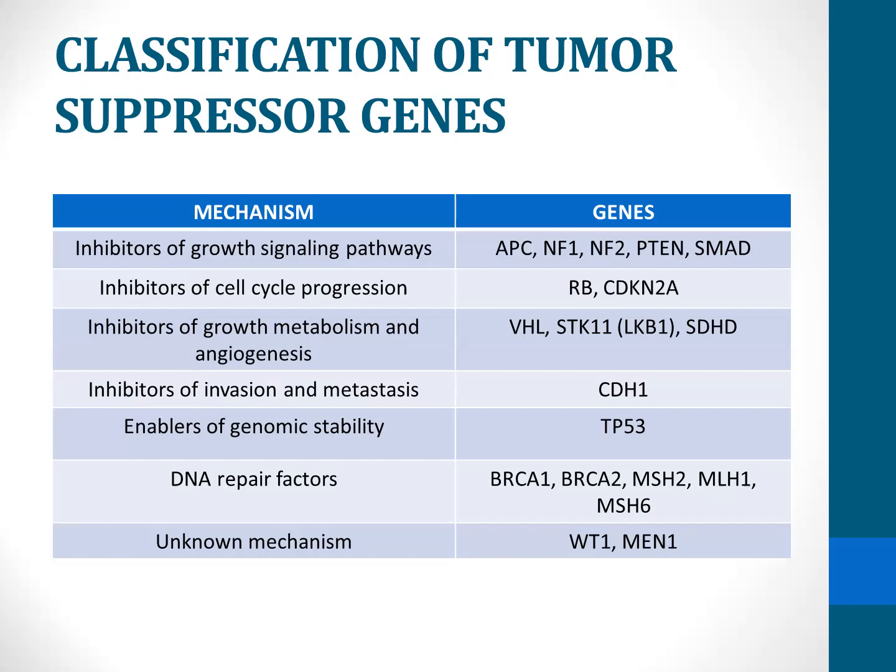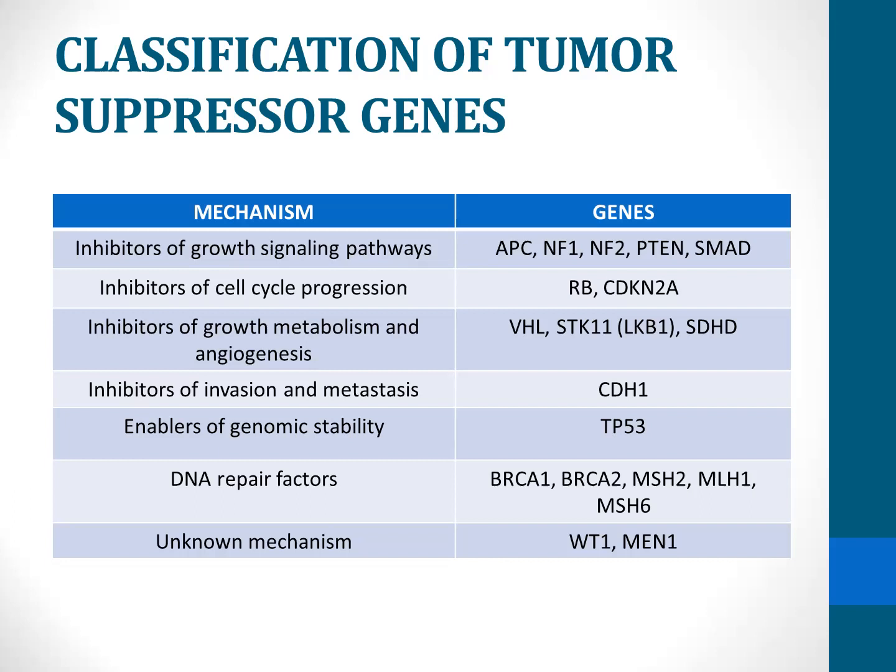Tumor suppressor genes may be inhibitors of growth signaling pathways like APC gene, NF1 gene, PTEN, and SMAD. They may be inhibitors of cell cycle progression like retinoblastoma and cyclin-dependent kinase 2A gene. They may be inhibitors of growth metabolism and angiogenesis like VHL, STK11, and succinate dehydrogenase.